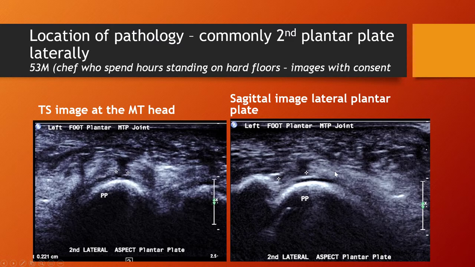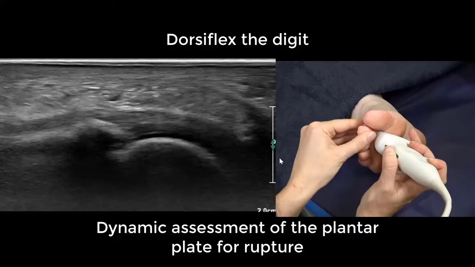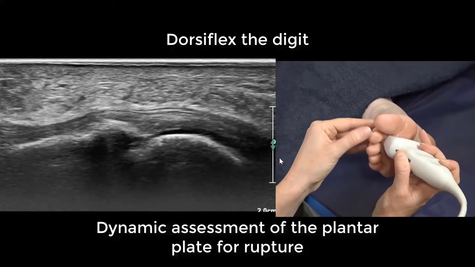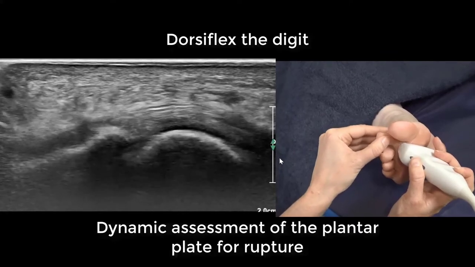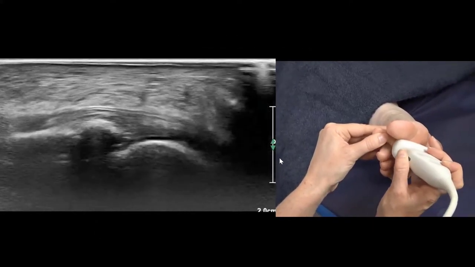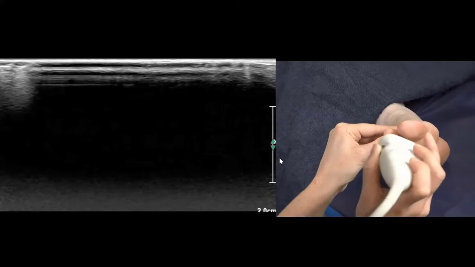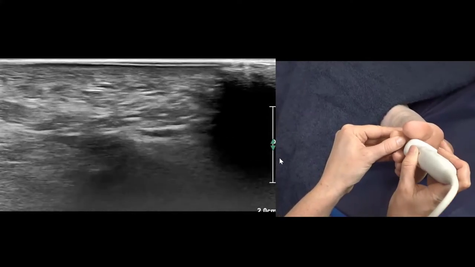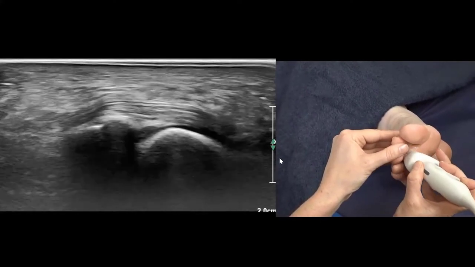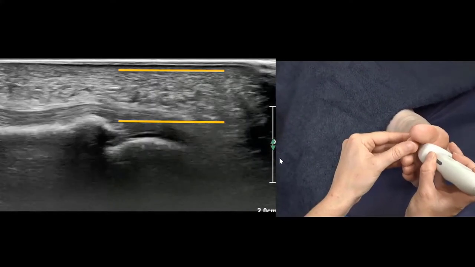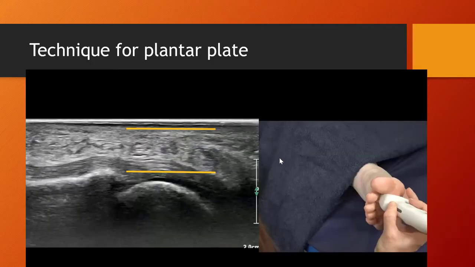Now note that in the lateral image here, we're not seeing tendon, and that's because the probe's been moved away from the midline and angled in from the side, and that would make a good image. So the scan technique in longitudinal, you use a 17.5 megahertz probe. You scan dynamically by dorsiflexing the joint, and you also rock onto the distal end of the probe footprint, so we're approaching that MTP almost end on, and we ensure that the plantar plate is brought parallel with the top of the screen.